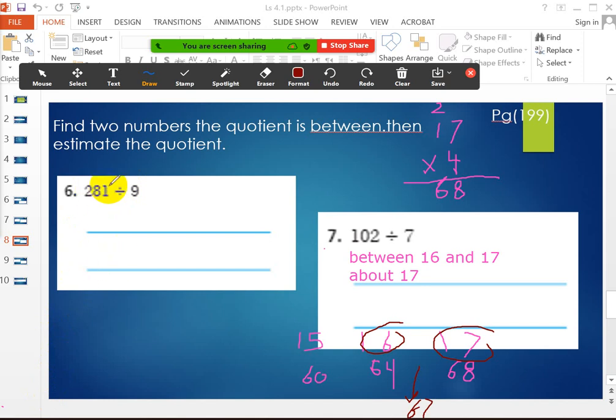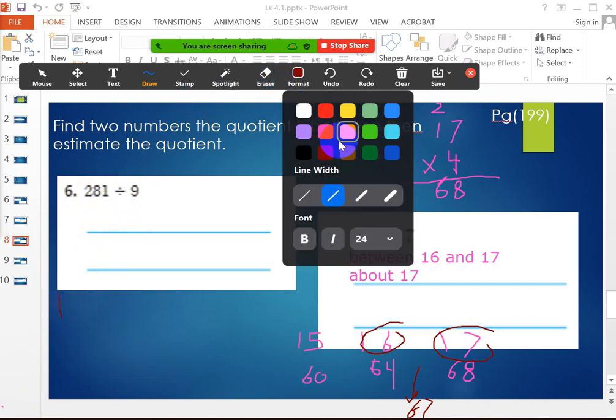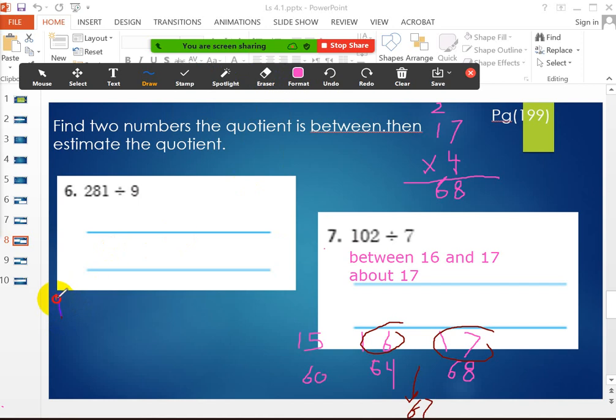So I will start with counting tens numbers, 10, 20, 30, and so on. Let's try.